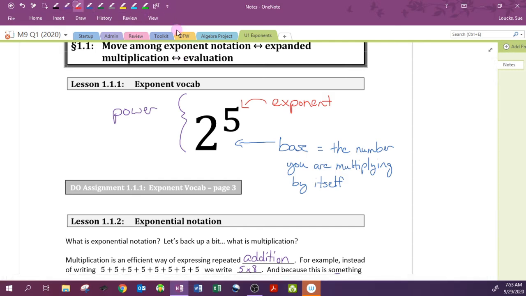And the exponent is how many times you are multiplying the base by itself.